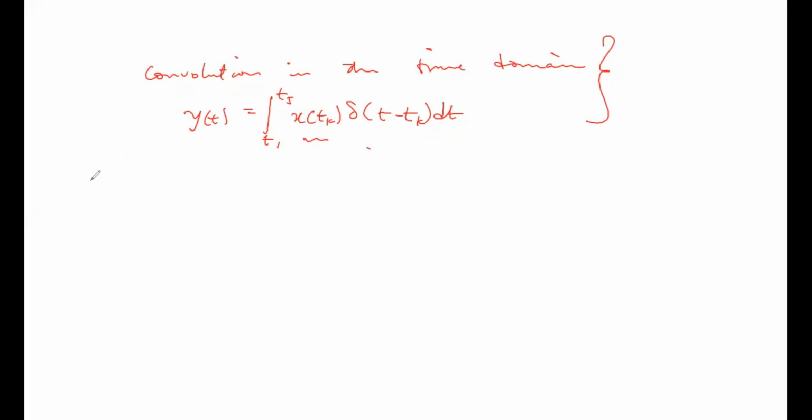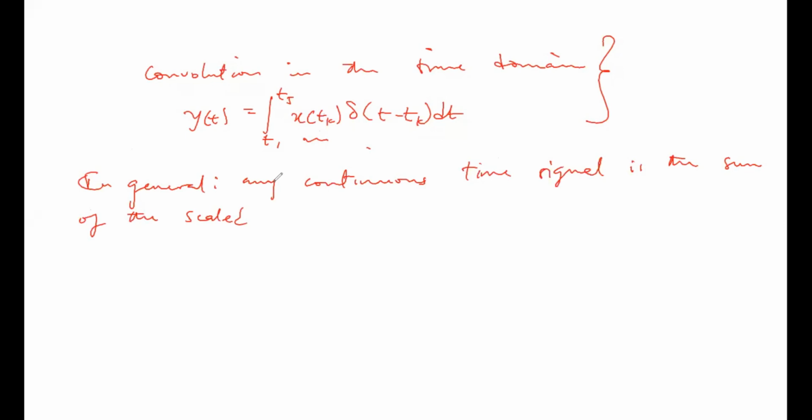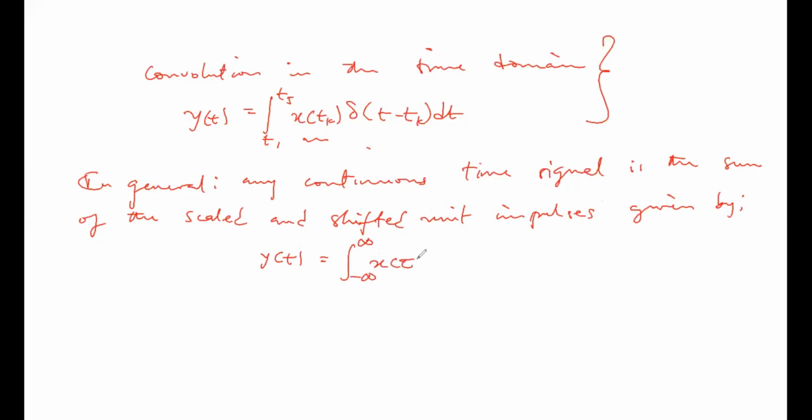In general, any continuous time signal is the sum of the scaled and shifted unit impulses, given by y of t being the same as the integral of s of tau times delta of t minus tau, d tau.